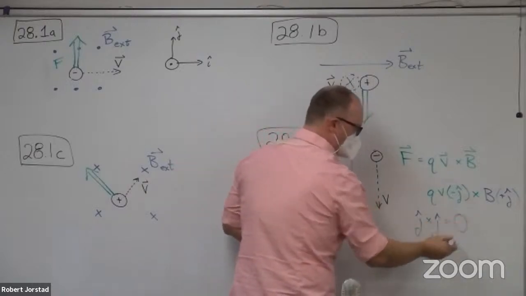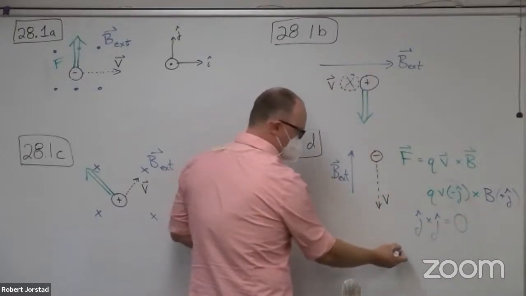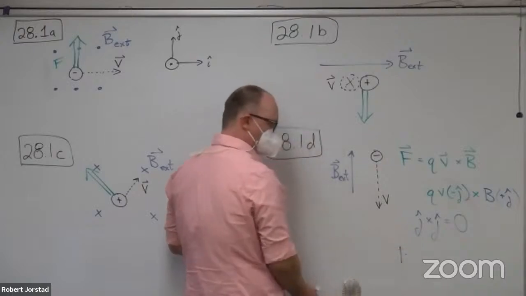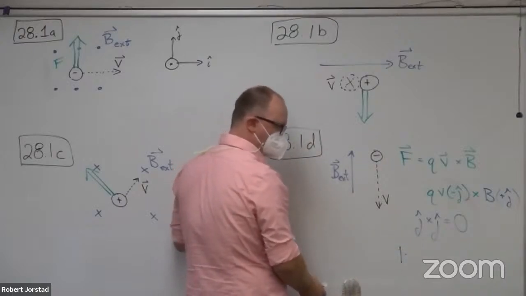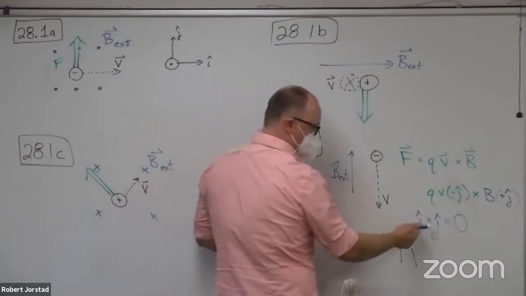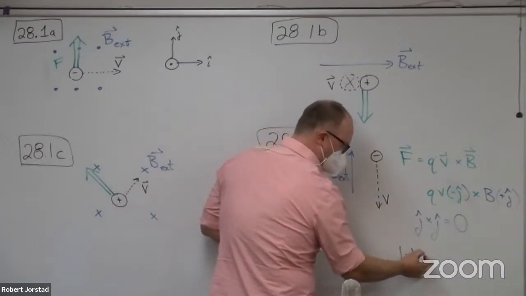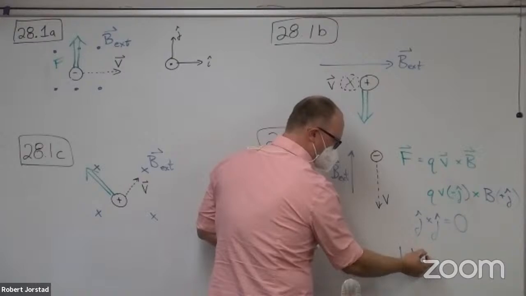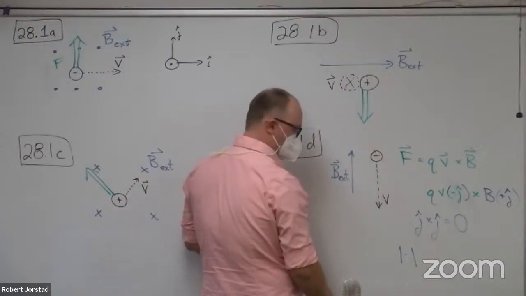Zero. In case you don't remember that, it's the magnitude of the first vector, 1, J hat has magnitude 1, times the magnitude of the second vector, times what for a cross product? Sine or cosine? Sine.